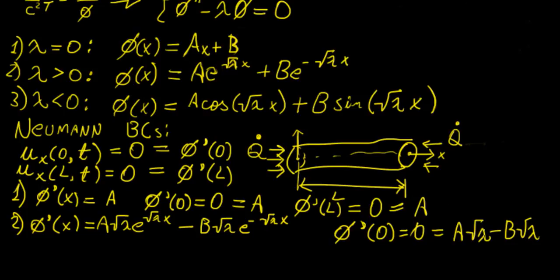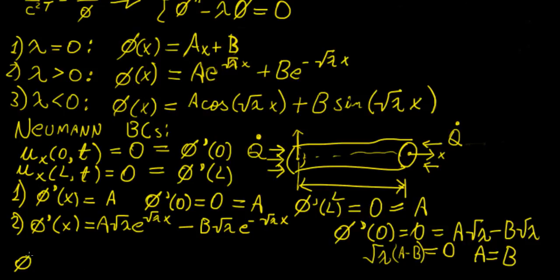So we have square root of lambda times (A minus B) equals 0. The only way this can be true is that A is equal to B. Given that lambda is not 0, we need to set B equal to A so that this is satisfied.